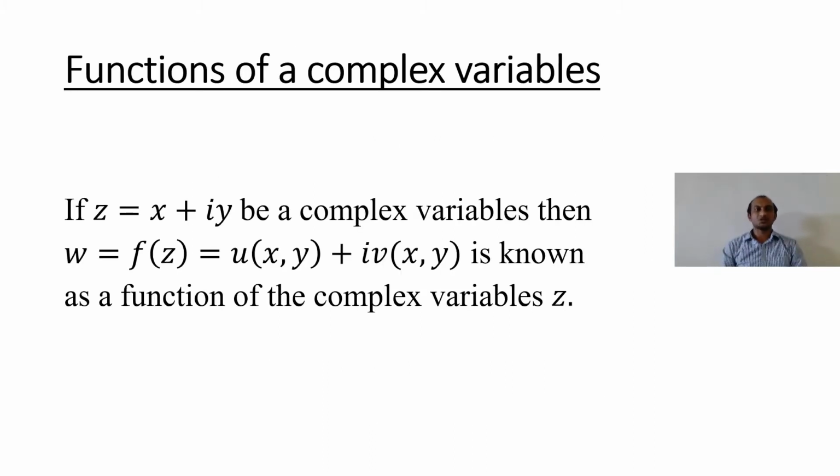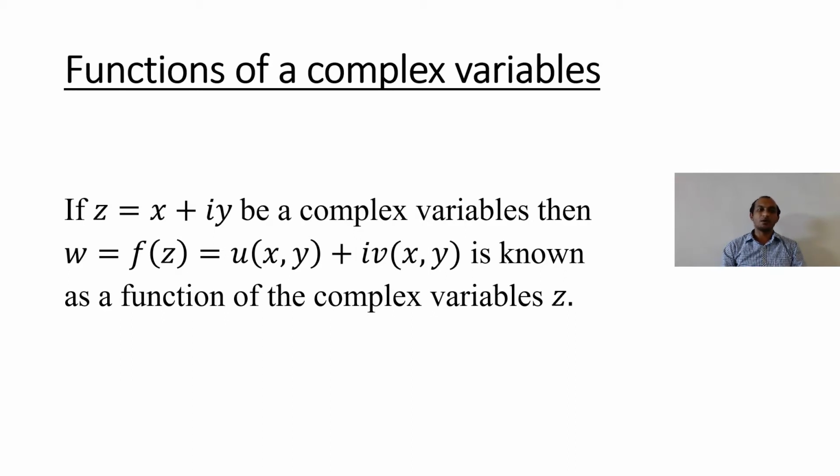Now, first of all, we discuss what is a function of complex variables. So, we need complex variables. z equal to x plus iy is the notation of the complex variable, where x is the real part of z, y is the imaginary part of z.